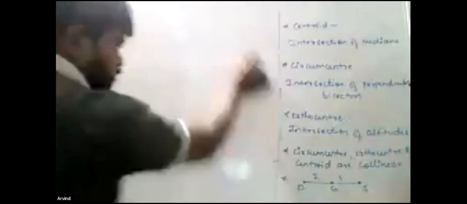Then equation of straight line. There are different types. Okay, equation of straight lines. The first one is slope intercept form.